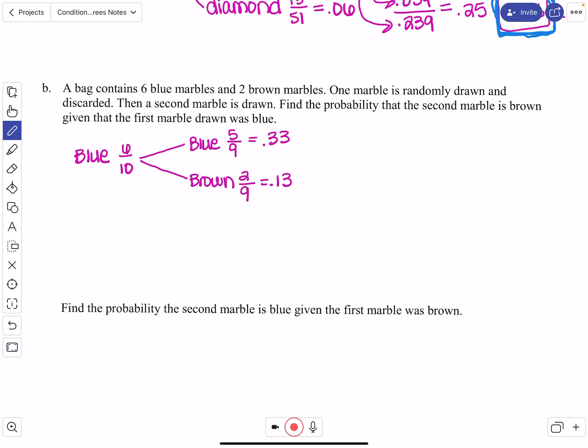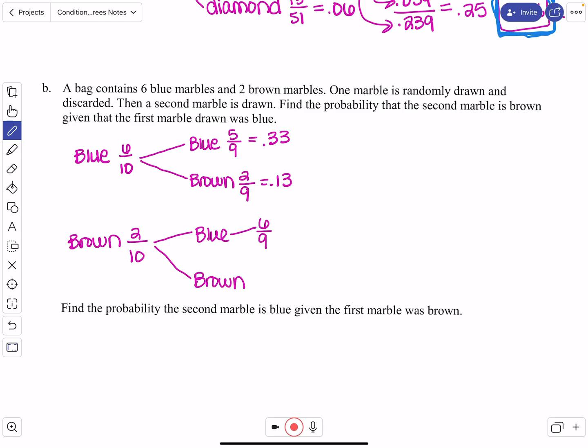All right, I'm going to go ahead and calculate if I drew a brown marble the first draw, which would be 2 out of 10, because I'll need this for my second problem, actually. So if I draw brown first, then I could draw a blue, or I could draw a brown on my second draw. If I drew a blue, I have all of my blue left, but I only have 9 total.